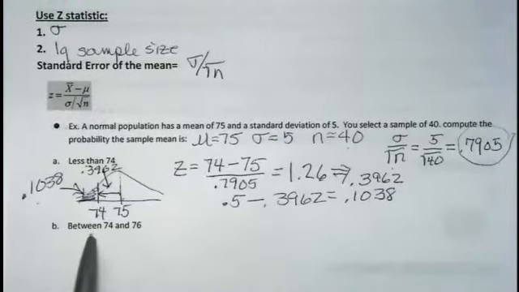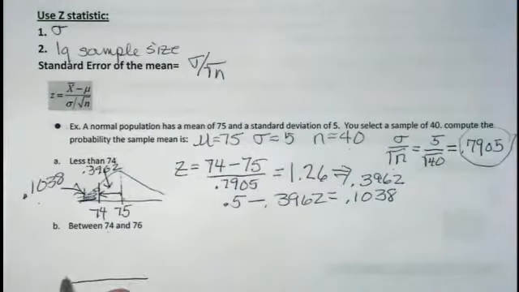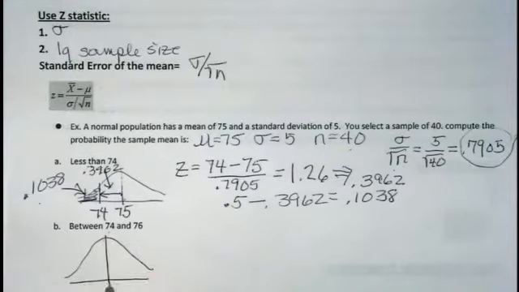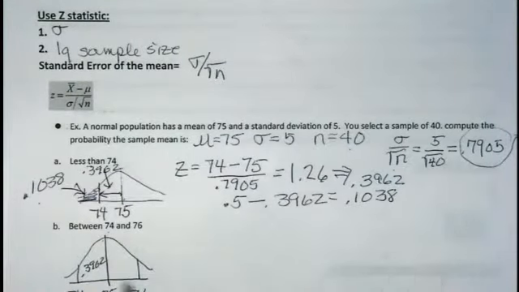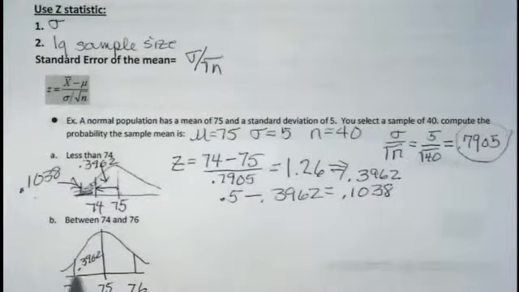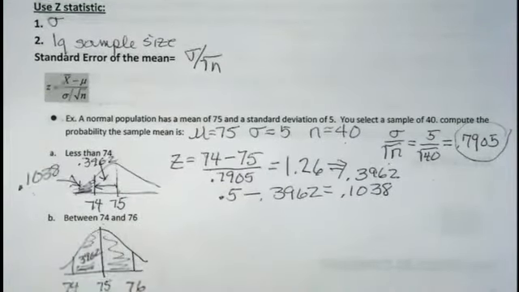Our second question, between 74 and 76. So we draw a curve between 74 and 76. Well, we've already calculated between 74 and 75. That is 0.3962. Now this is going to be our answer, this area plus that area.